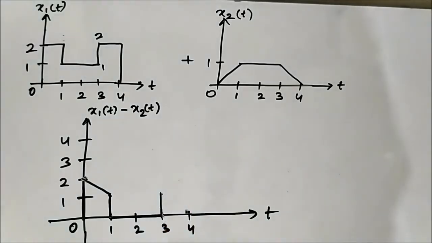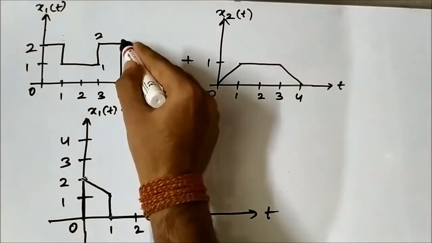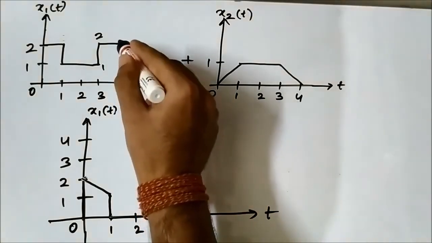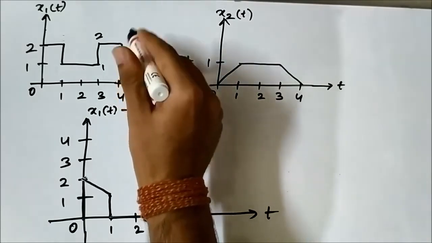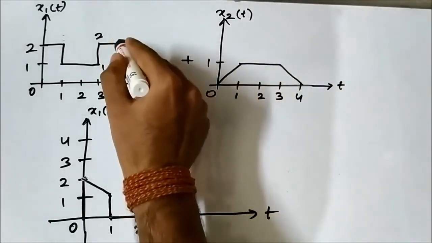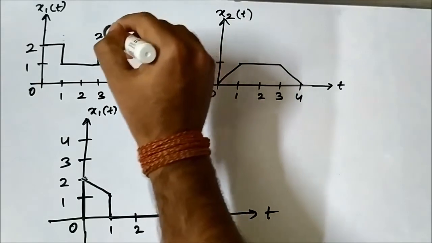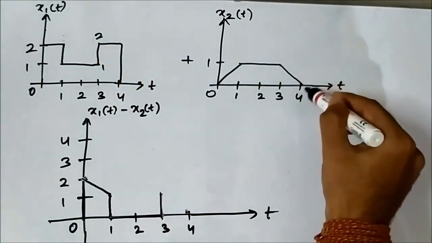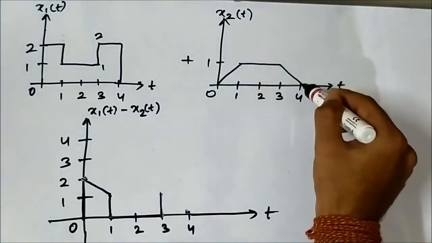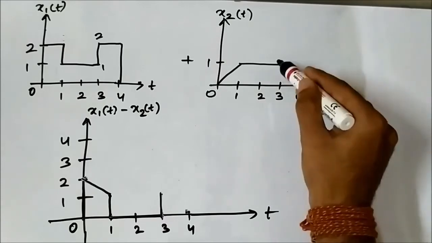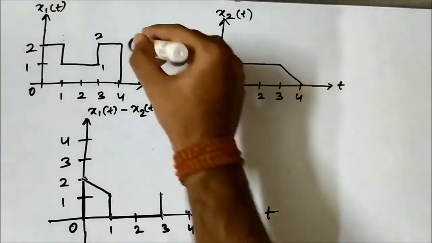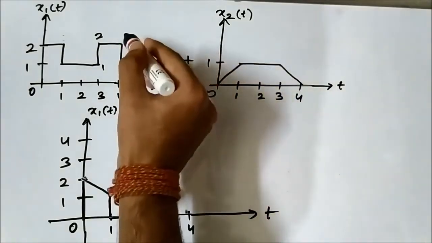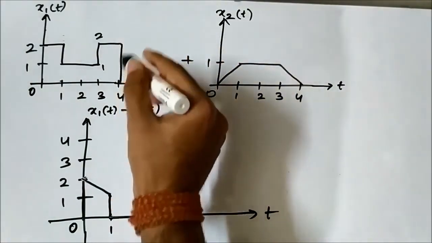Then at 4, the value of x1(t) has a sharp downward transition from 2 to 0. So we will consider two values, 2 and 0. For 2, here x2(t) at t equals 4 is 0. It is finally a gradual transition with a certain slope, and the value is 0. But x1(t) has two values because there is a sharp transition from 2 to 0.